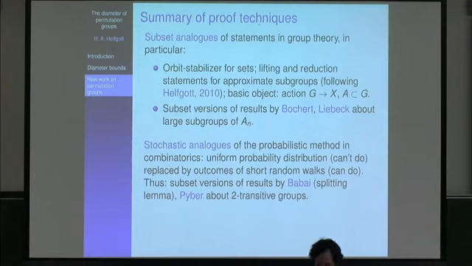And it is that which allows us to give subset versions of results by Babai and by Pyber. That was the case already in the original proof of Helfgott and Seress, and that now is just a corollary of what I was saying before about the special set lemma.